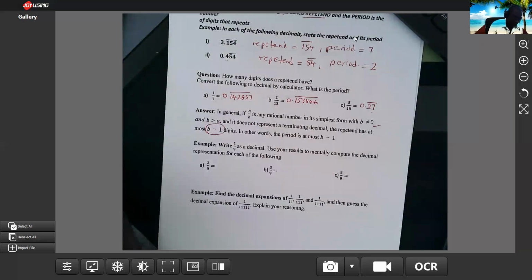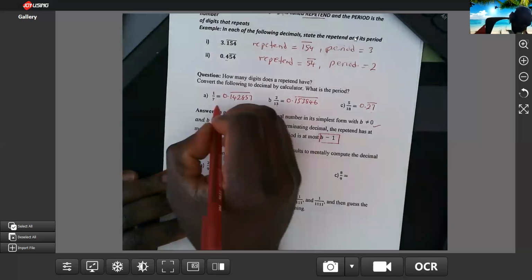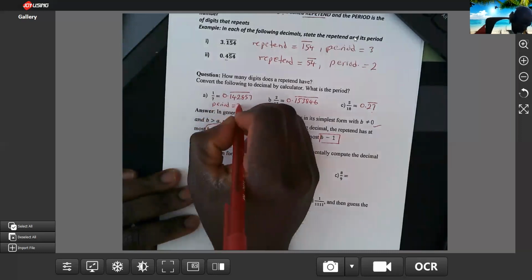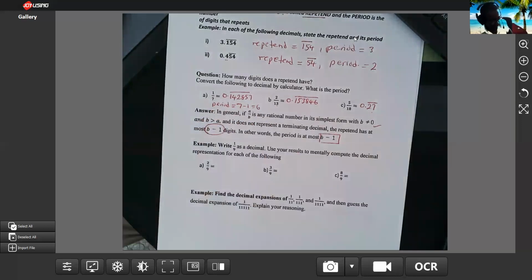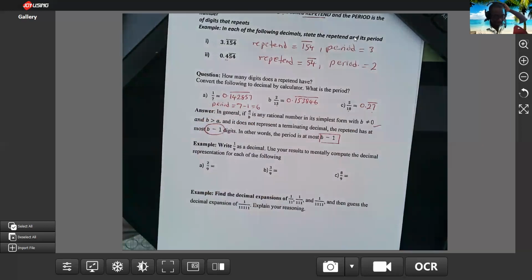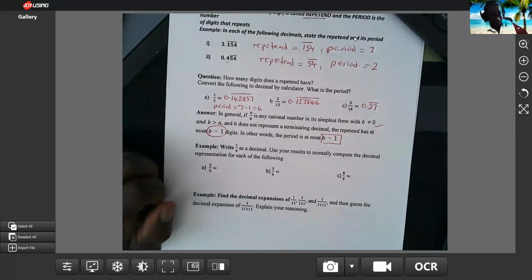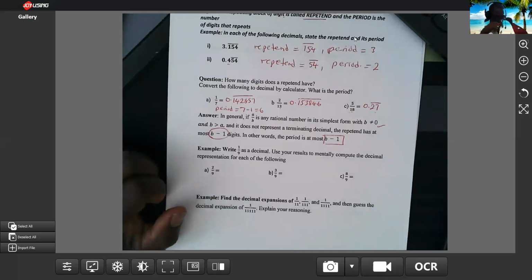In other words, the period is at most b minus a. In the case of 7, that is at most 7 minus 1, so at most 6 digits in the block. 18 minus 1 is 17. It doesn't say it's equal to 17, but at most 17 digits in the repeatant are possible.